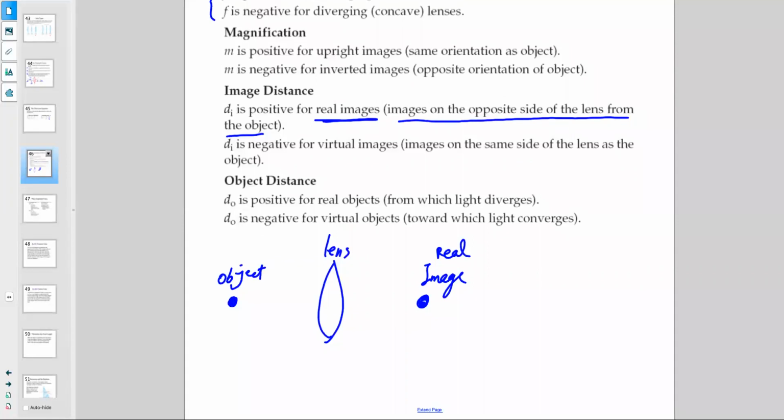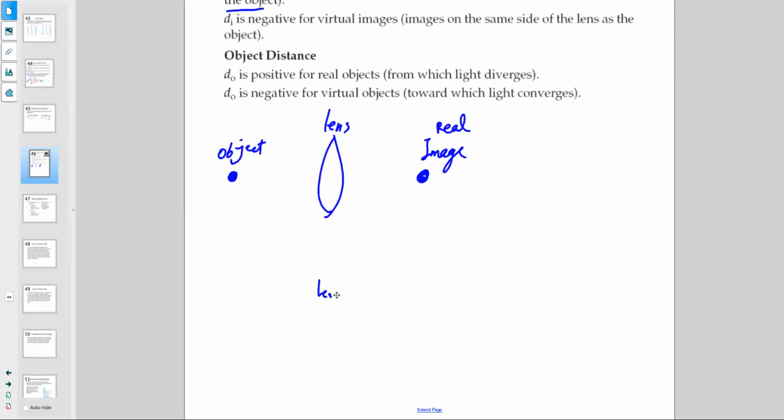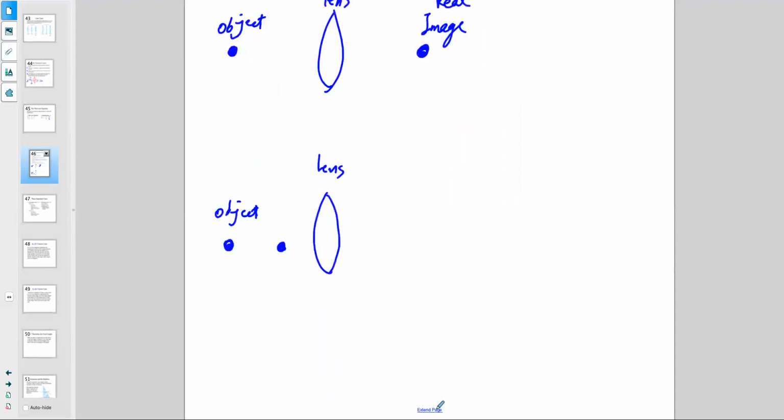But if you have the lens and you have your object, but the image is on the same side, that is the virtual. Let me see what I was doing wrong.